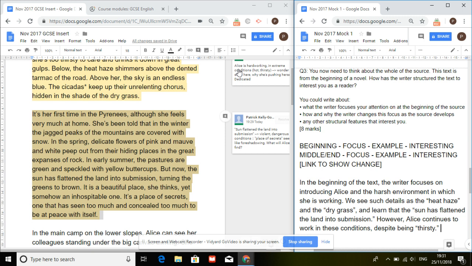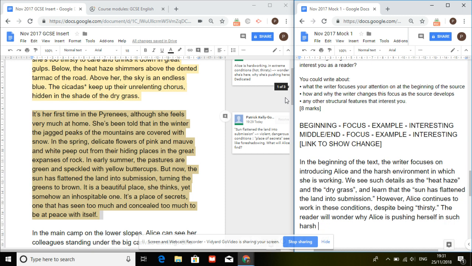And this is interesting because, well, like I was saying up here, the reader will wonder why Alice is pushing herself in such harsh conditions, and might imagine that she is extremely dedicated, but for reasons we don't yet know.